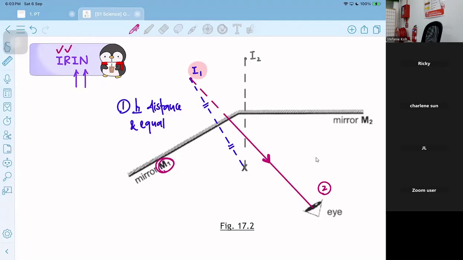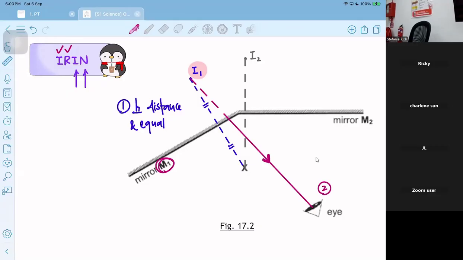Okay, the I. Guys, that gray one is not an incident ray, okay? I'm telling you. Incident ray is where the light comes from the object.